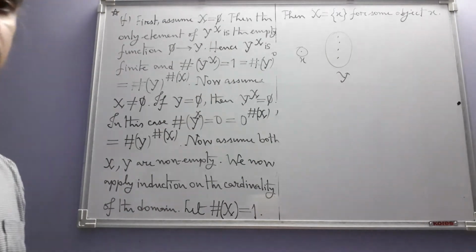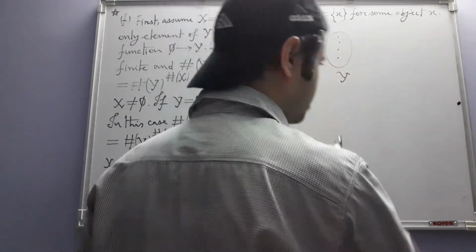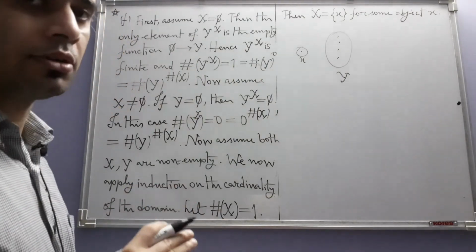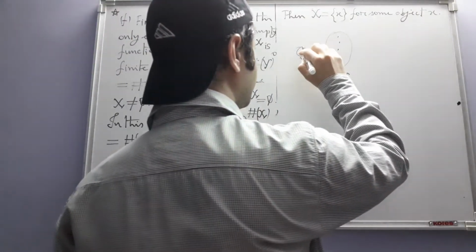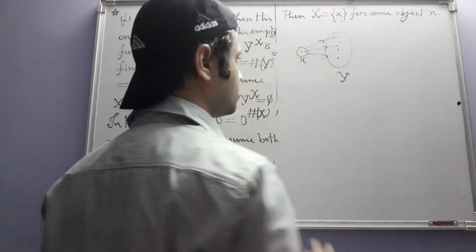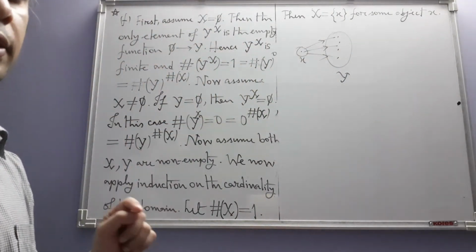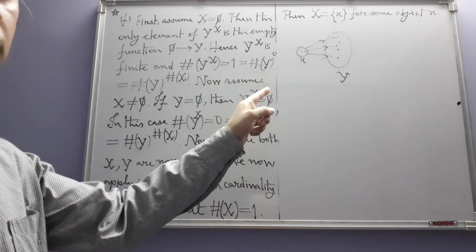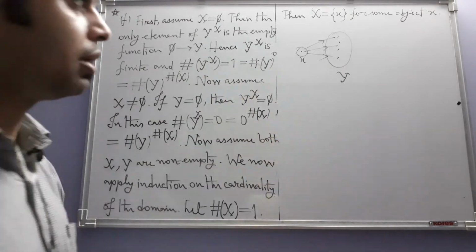How many functions can be defined in this situation? We need to only define the image of x. So the image of x can be any one of the elements of y, one at a time, because there is only one input, so there will also be only one output.